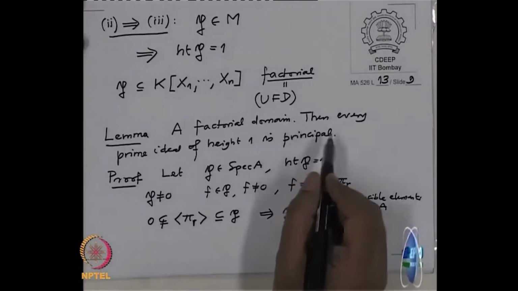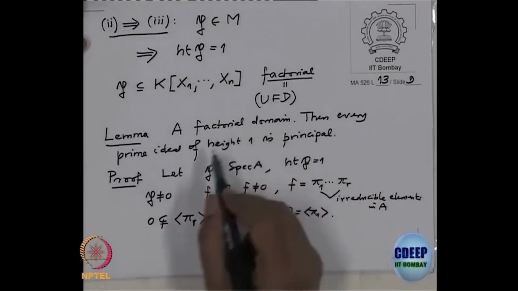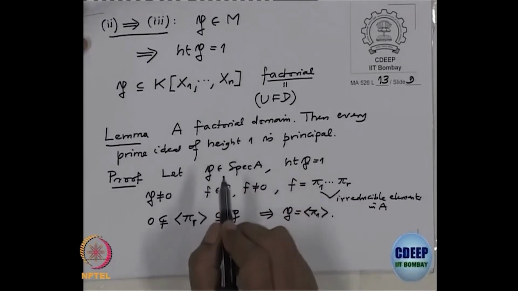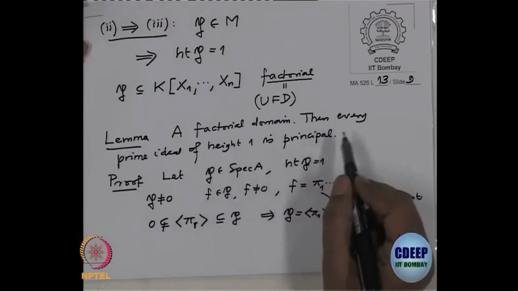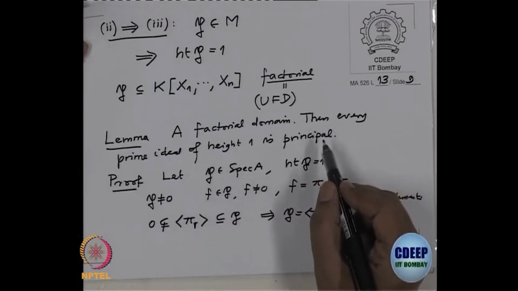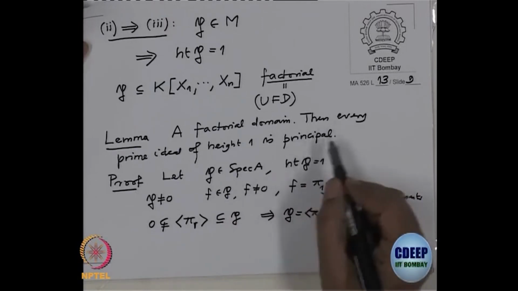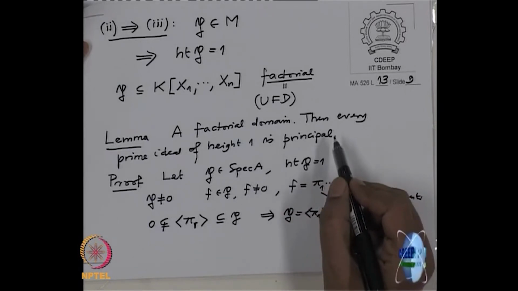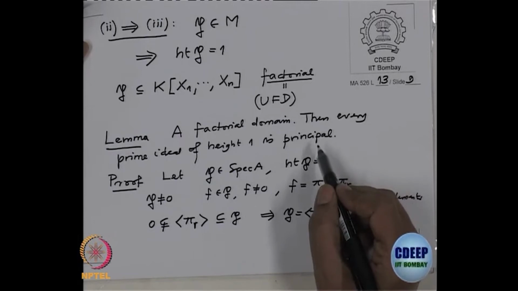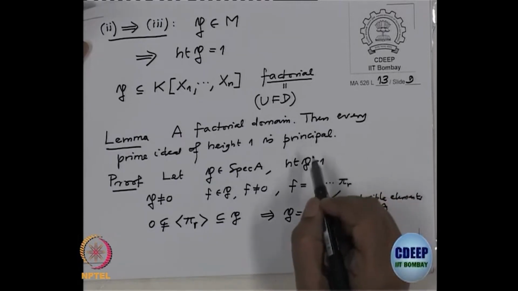So, what did we prove? We proved that every prime ideal in a factorial domain of height 1 is principal. The converse we proved using Krull's principal ideal theorem. If you have a principal prime ideal, then the height of that will be exactly 1.